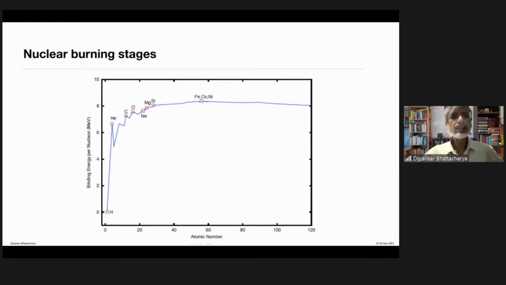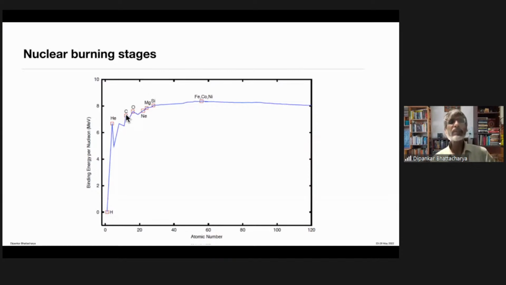Now let's look at what all nuclear fusion stages a star can go through. We've already talked about fusion from hydrogen to helium, that is the main sequence stage. The next stage causes helium to fuse into carbon. 3 helium nuclei fuse into carbon. That is the primary reaction.